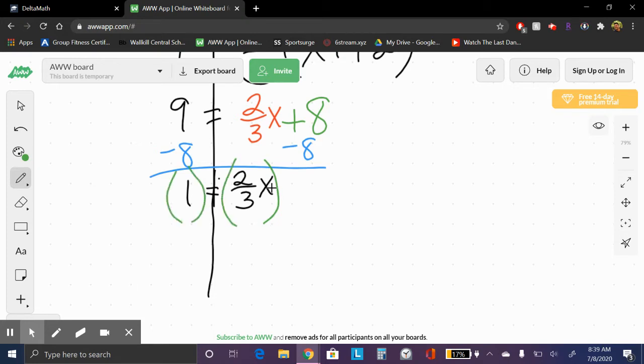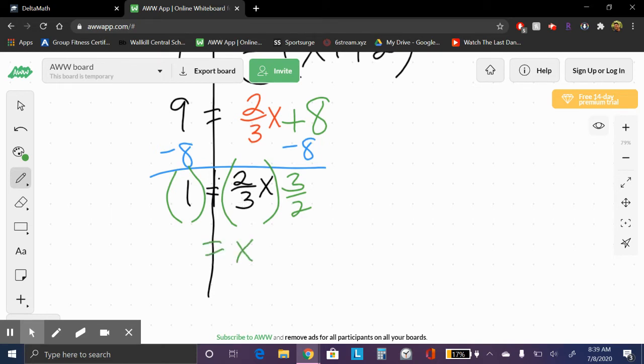The reciprocal of a fraction is the multiplicative inverse, which is a fancy way of saying you just flip the fraction. So in order to get rid of a fraction, you multiply it by it flipped, and that will cancel out. These 2's will cancel, these 3's will cancel, so you'll be just left with x over here.